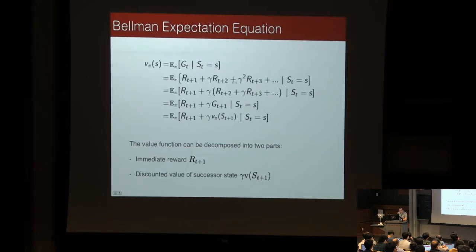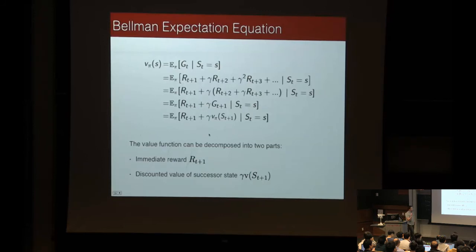So R_{t+1} plus discounted terms and so forth. Well, I can pull this out, right? And I can say it's the next immediate reward plus gamma times G_{t+1}, right? And if I push the expectation inside, the correct expectation inside, I'm going to get this expression here.